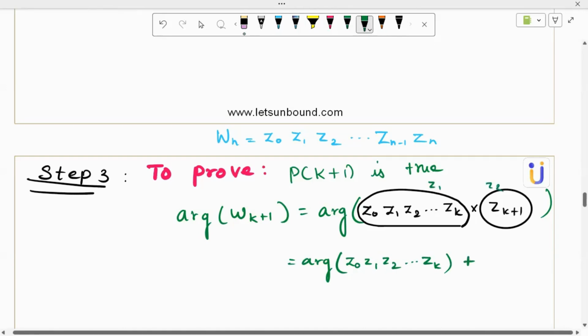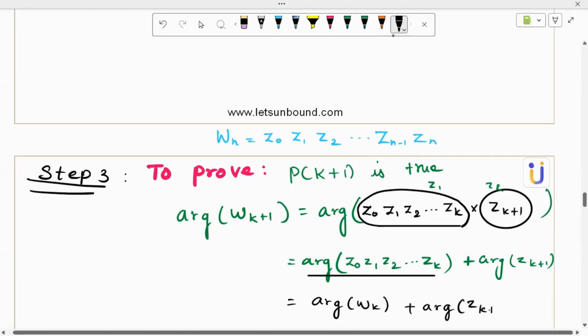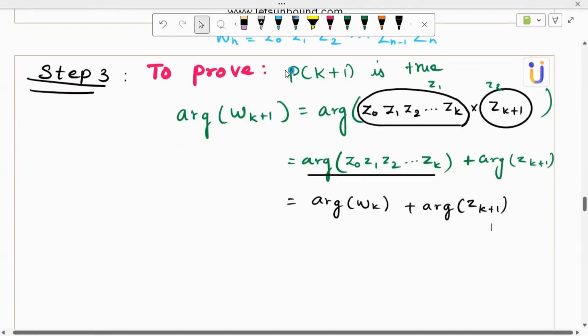When you expand the argument of Zk plus 1, got it? So this is proved because this can be written as argument of Wk plus argument of Zk plus 1.